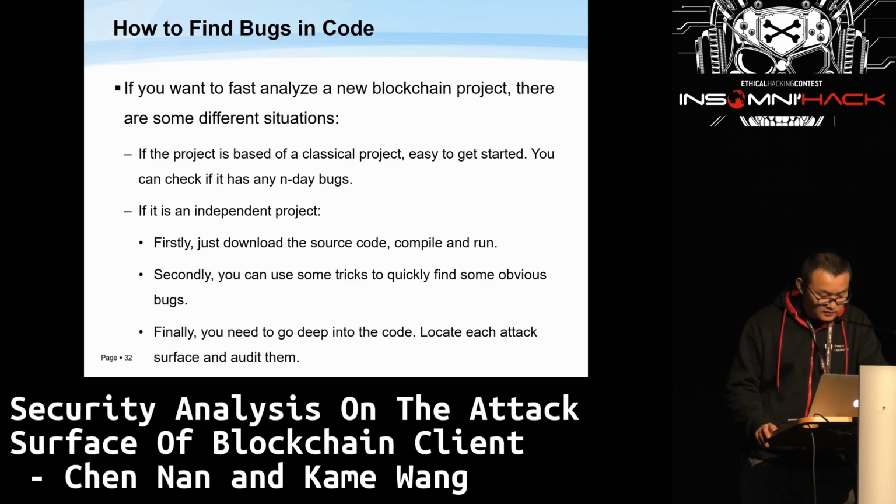Just download the source code, compile and run. Secondly, you can use some tricks to quickly find some obvious bugs. Finally, you need to go deep into the code, look at each attack surface, and audit them.